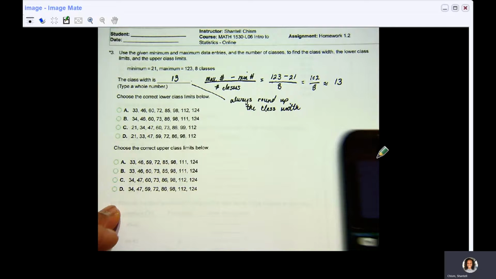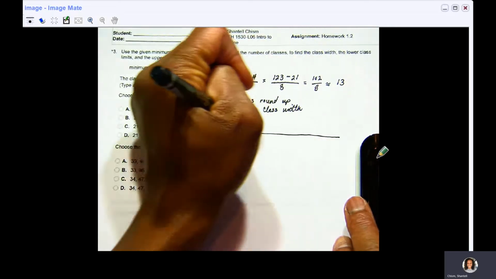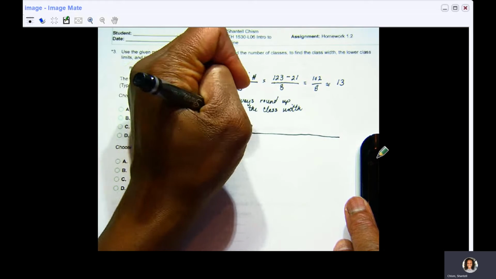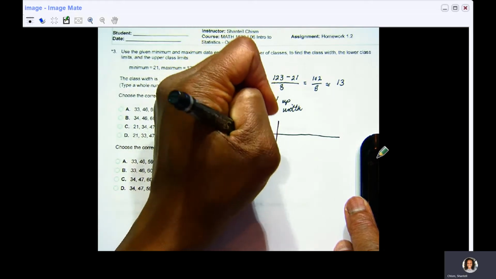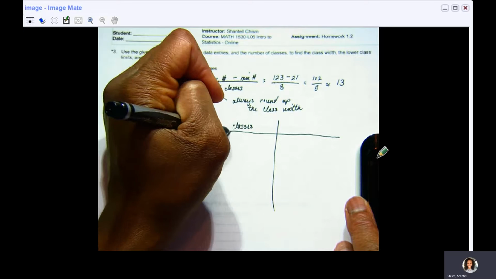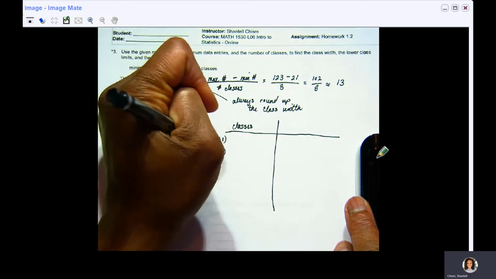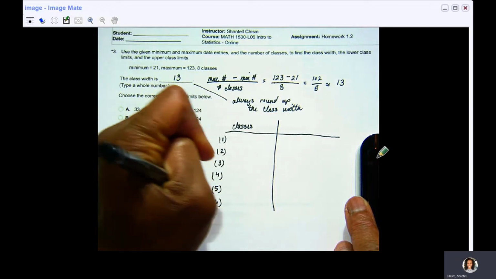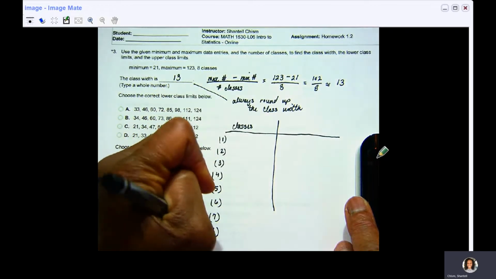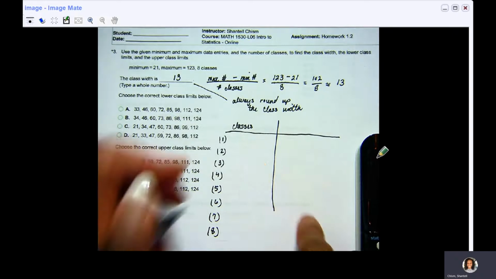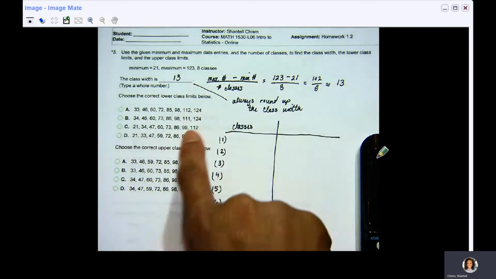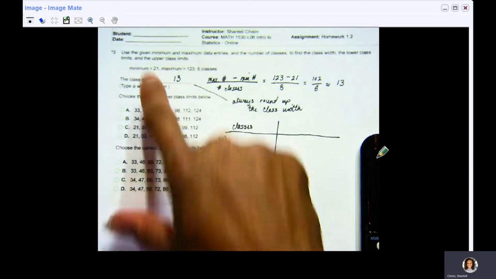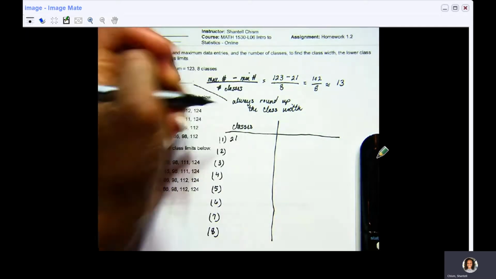Let me give you an example here. If I was to draw out a chart, because this is generally what it looks like, and I've got 8 classes: 1, 2, 3, 4, 5, 6, 7, 8. My first class, which is that first class lower limit, would begin with the minimum number. It would begin with 21. Okay?